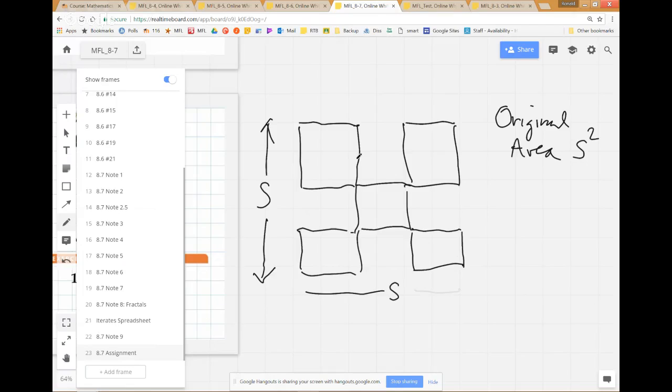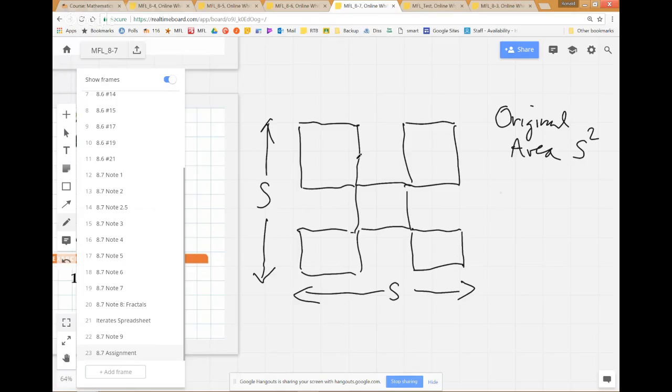Okay. So now with this one, what we've got here is 1, 2, 3, 4, 5 ninths, because each of these squares is the same size, even though it doesn't look like that.